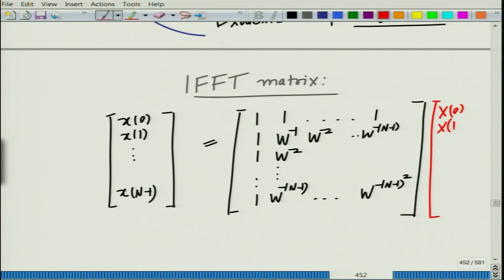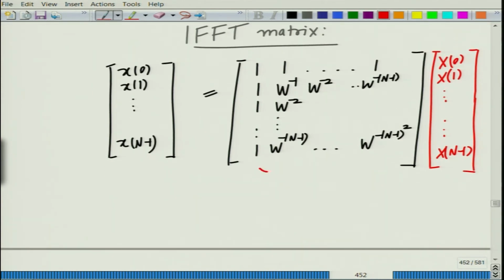So, from the frequency domain, get back the time domain, okay. And therefore, this is essentially your IFFT matrix.